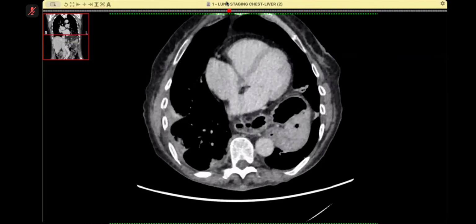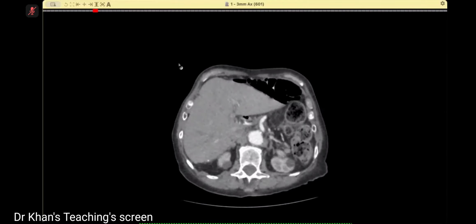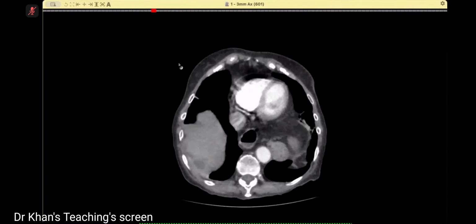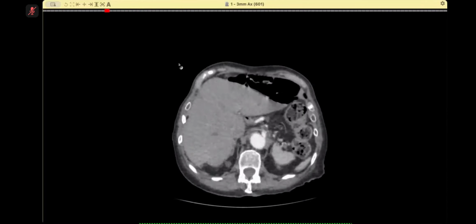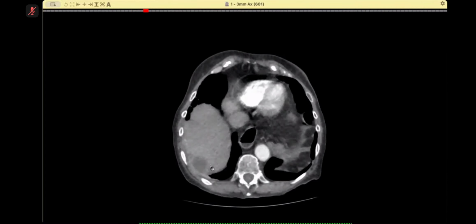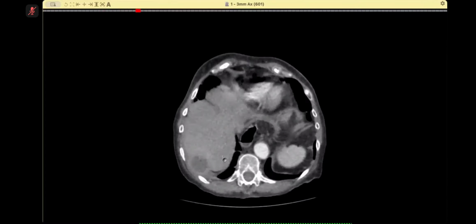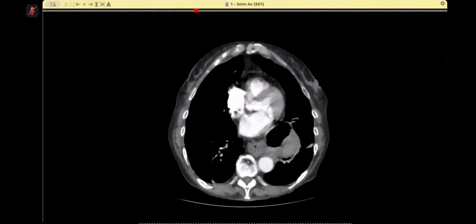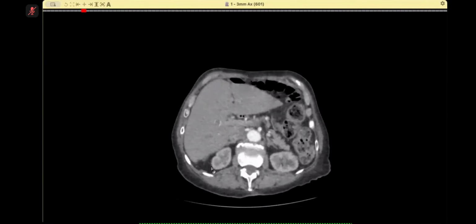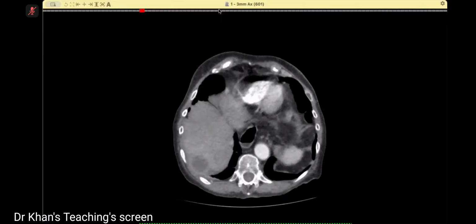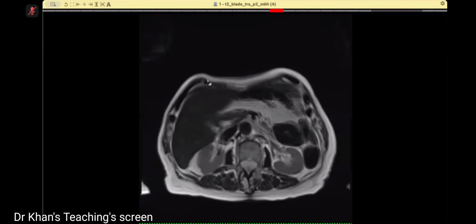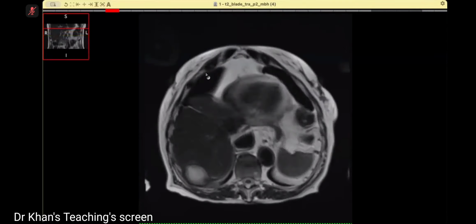And then after 8 days or so, another scan was done, in which the abscess has increased in size. And even then, I believe we said that this is it, but we could not initially think of the exact cause.